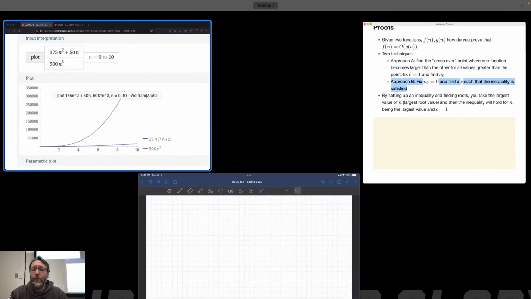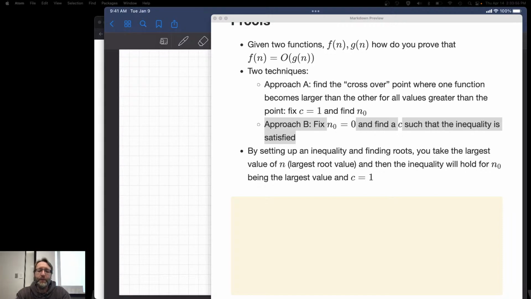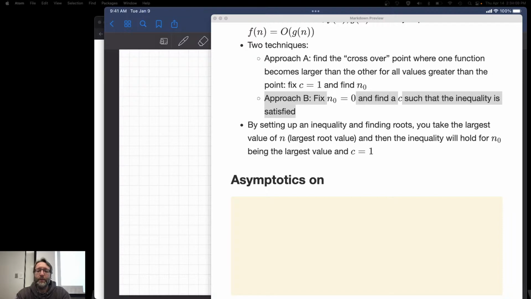So, those are two proof techniques. Now let's go back to what we left off with last time with quicksort. And what about asymptotics on recursive algorithms?